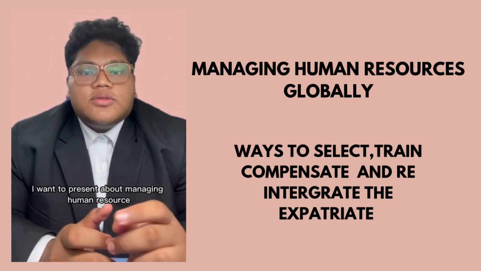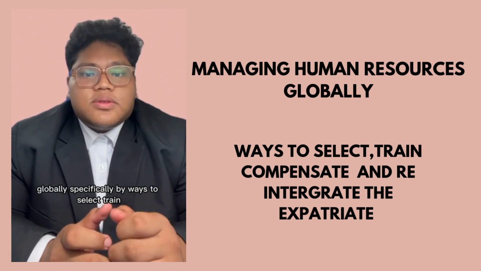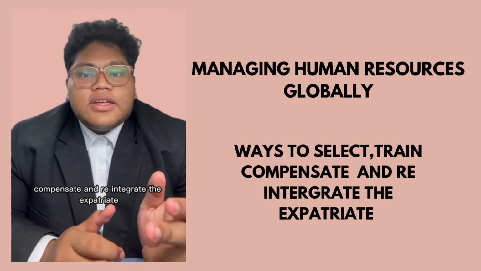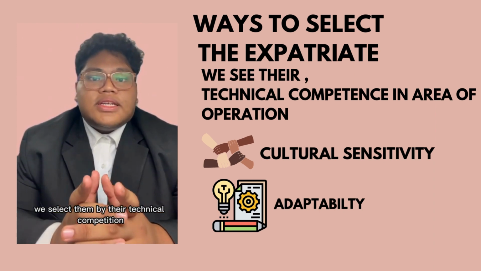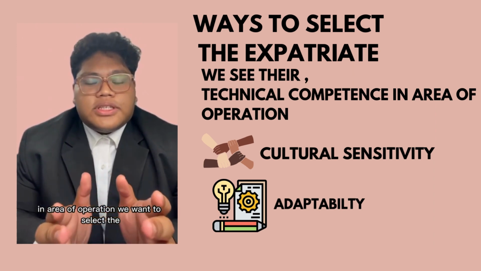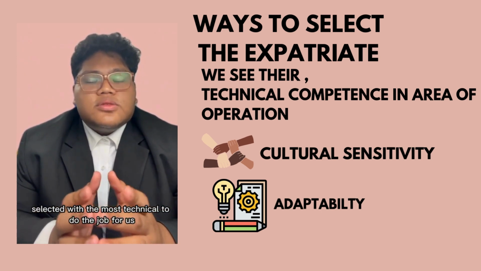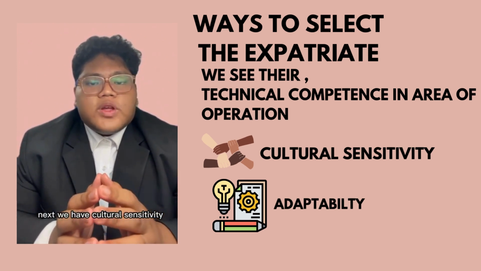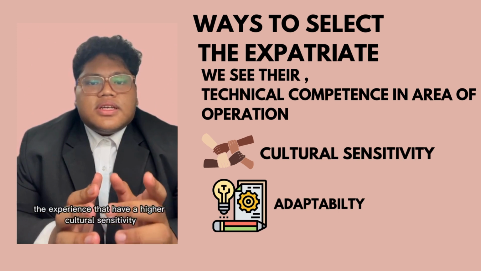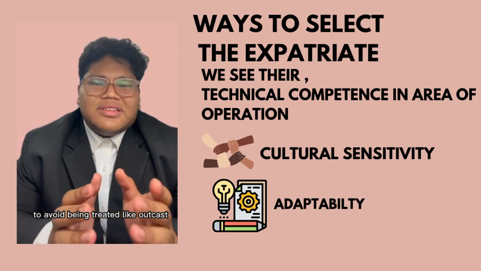For today, I want to present about managing human resources globally, specifically ways to select, train, compensate, and reintegrate the expatriate. Ways to select the expatriate: we select them by their technical competence in the area of operation. We want to select those with the most technical skill to do the job for us. Next, we have cultural sensitivity. We need to select expatriates that have higher cultural sensitivity to avoid being treated like outcasts.